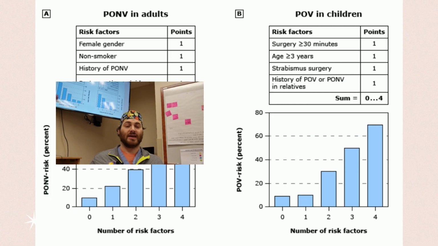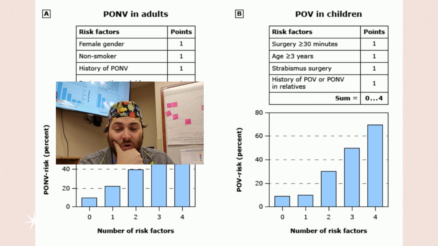So again, this is kind of the stuff we're faced with. From the kid scale, if you have 0 risk factors, that looks like about 10% or so. Going up to 1 risk factor does not jump it up very much when compared with this over here on the left side, right?